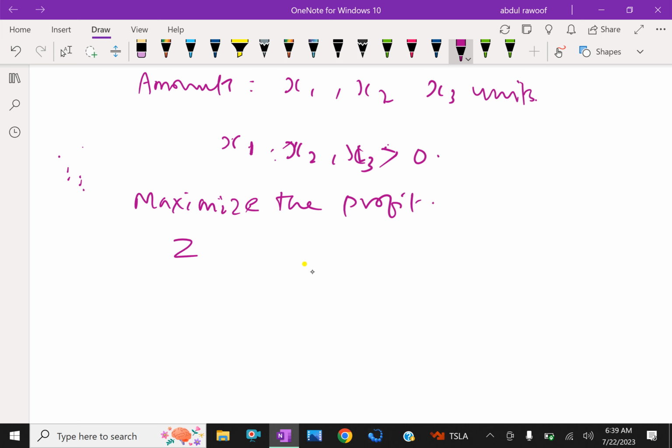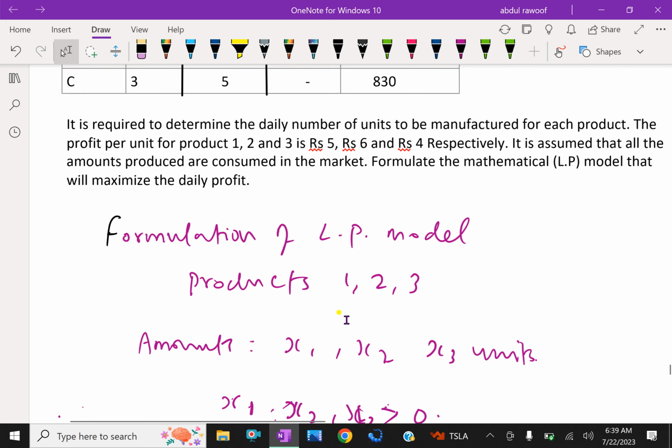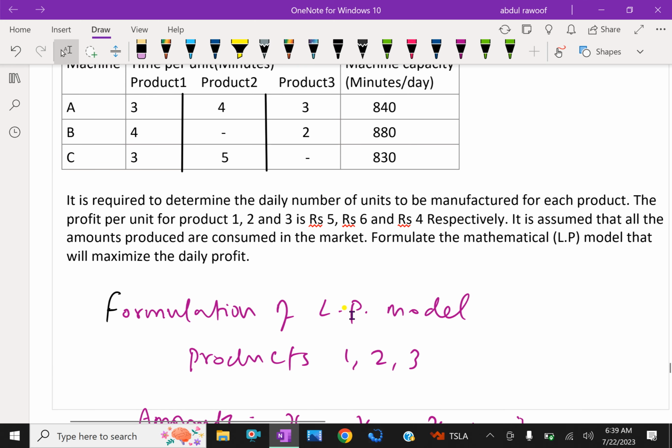That is, Z equals, maximize the profit, given as 5 rupees, 6 rupees and 4 rupees.